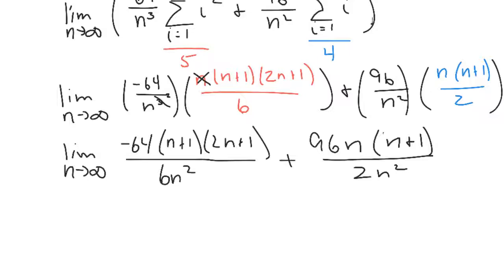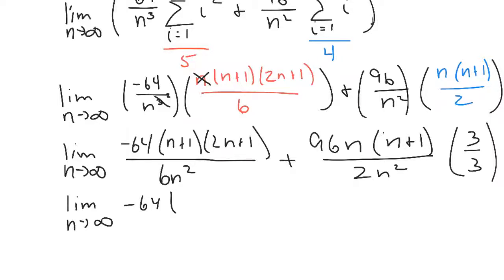And to make this 6n squared, we're going to multiply by 3 over 3 to get our common denominator. Well, 96 times 3 is 288. So I'm going to have the limit as n approaches infinity of, and I'm going to multiply this out, negative 64 times 2n squared plus 3n plus 1.